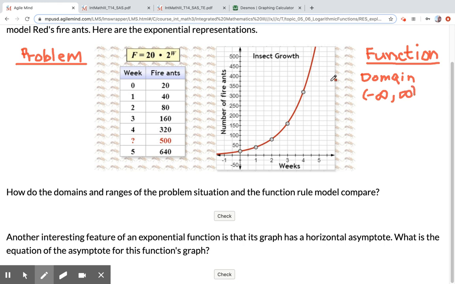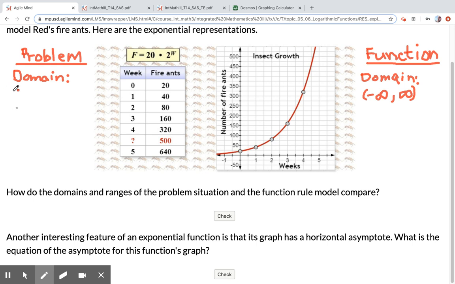All that good stuff. The only thing is, as far as the problem goes, though, my domain is a little bit different. Because if my domain is the number of weeks, I start off at 0 weeks, right? I don't have negative weeks. I don't know what negative weeks would look like.